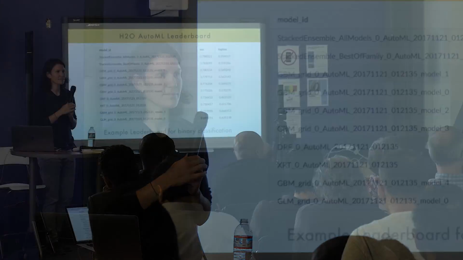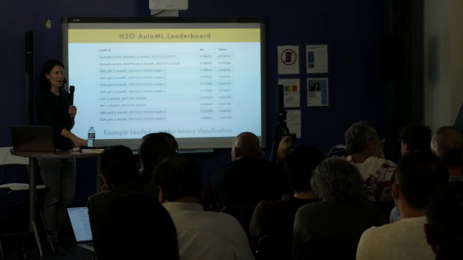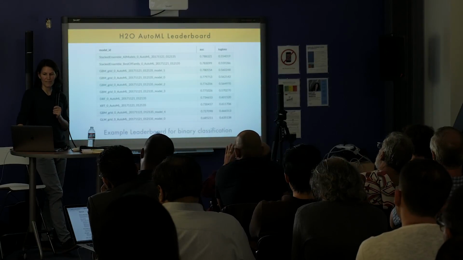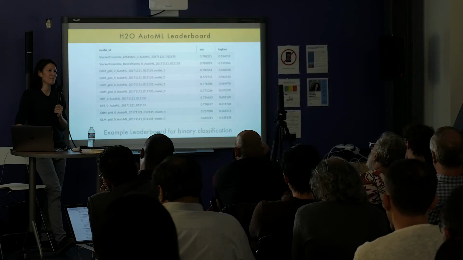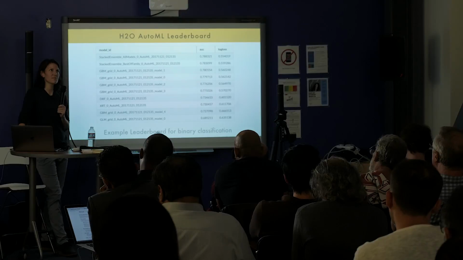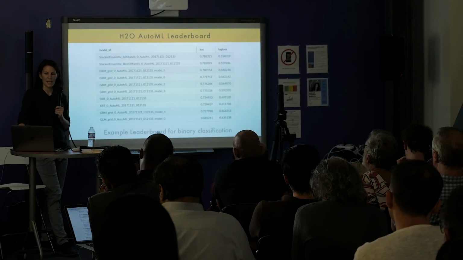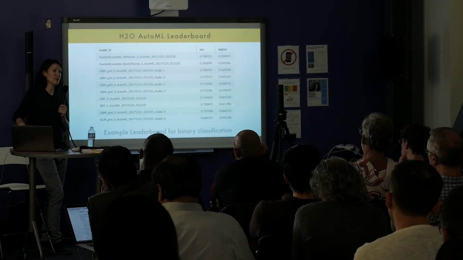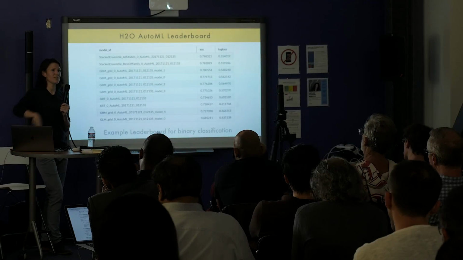Is there a way to optimize for anything else, like the best precision? In H2O, we have a predefined set of metrics, the ones that we think are important, or most commonly used. One of the metrics that we calculate is precision, recall, we do all of that as well.